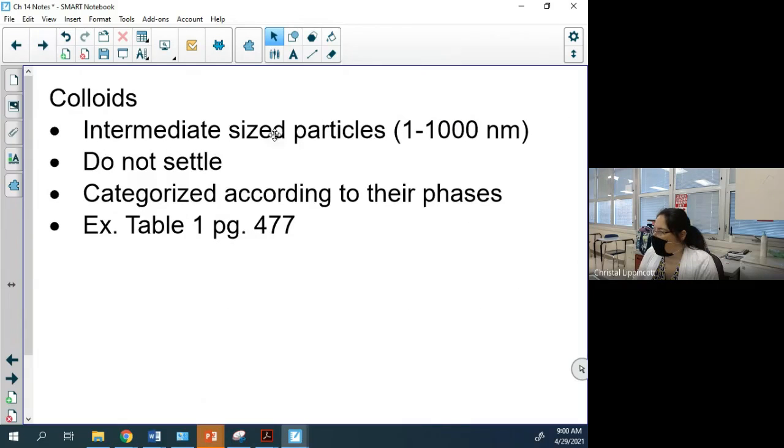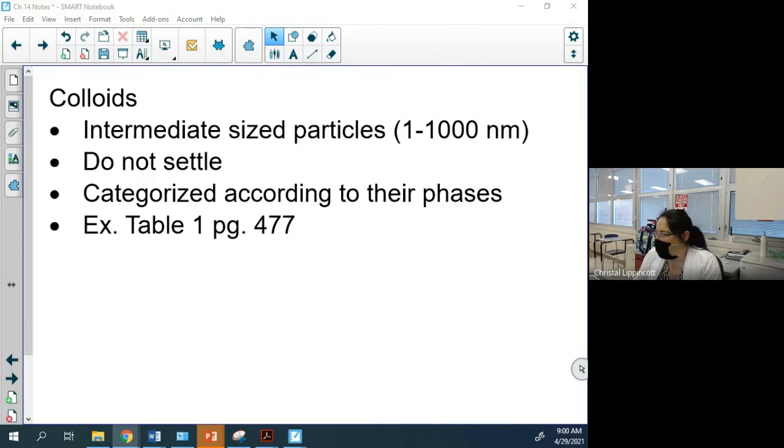Okay, colloids then are intermediate sized particles. They don't settle out over time, and they tend to be categorized by their phases. And remember, we talked about these in terms of the Tyndall effect.